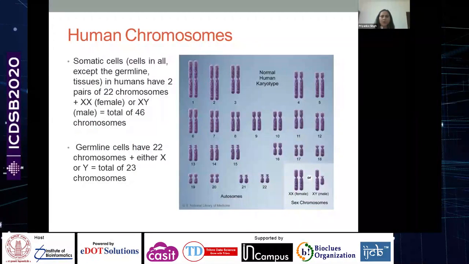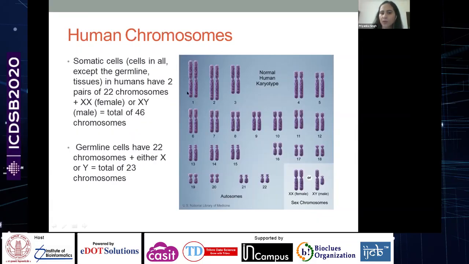Now, talking about chromosomes, every organism has a fixed number of chromosomes. In humans, we have 22 pairs of autosomes and a pair of sex chromosomes. In somatic cells, which are non-reproductive cells, you have these 22 pairs, which are called homologous chromosomes. For every pair, this is chromosome number 1.